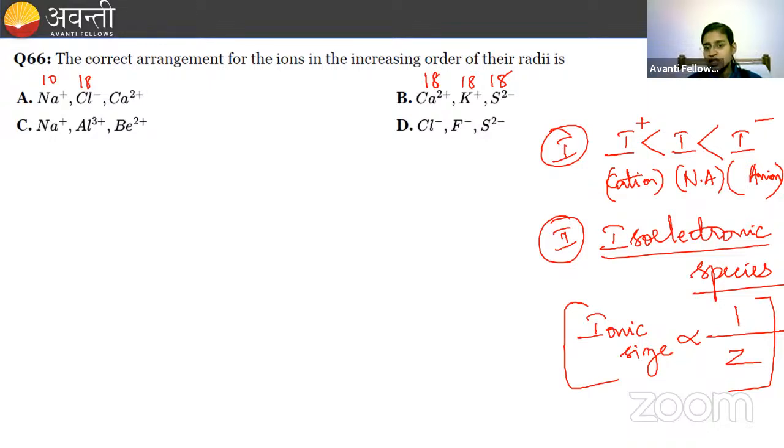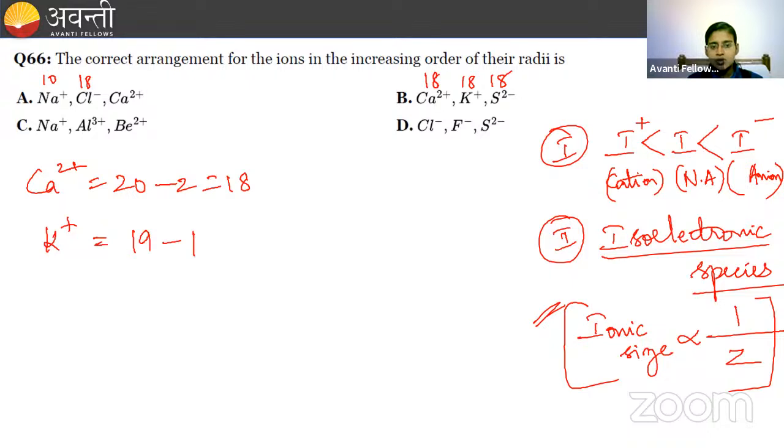So I have to use the second relation. The atomic number of calcium is 20, and 20 minus 2 is 18. For potassium, the atomic number is 19, and 19 minus 1 is 18. For S2 minus, it is 16 plus 2, so 18.